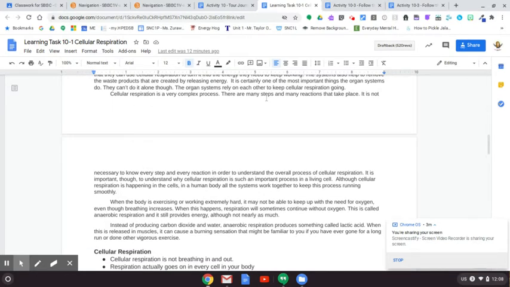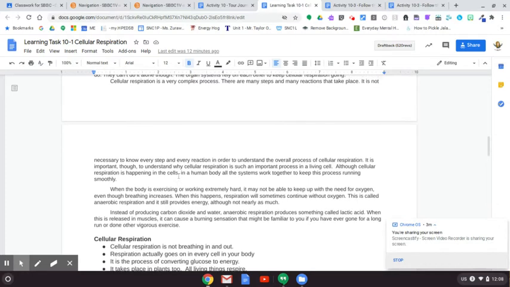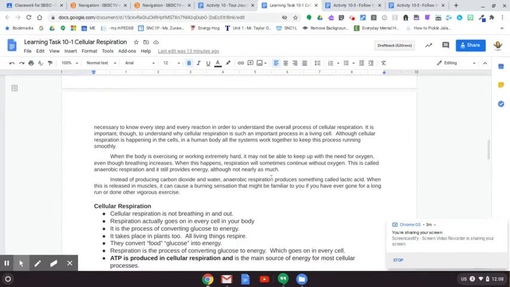But what else? There's lots of reactions that are taking place. It's not necessary to know every step. That's what I don't like about the videos in the content area. They give you way too many of the steps. They're important to know, but not quite at this point. So, why is it important to a living cell?